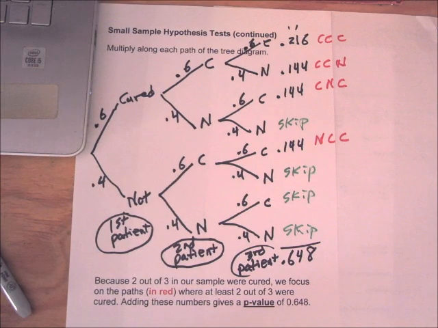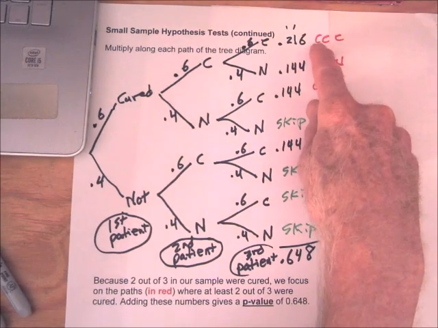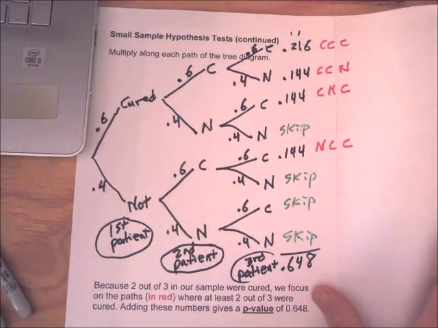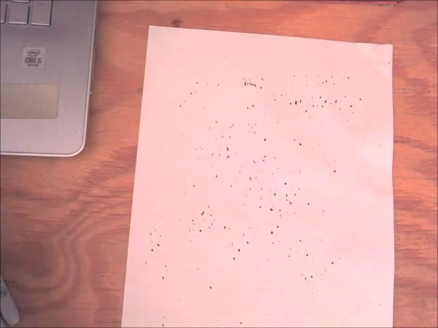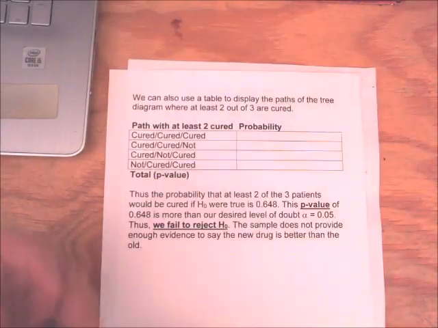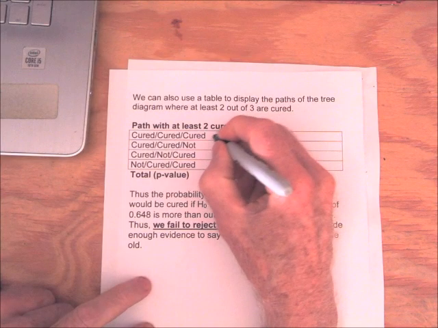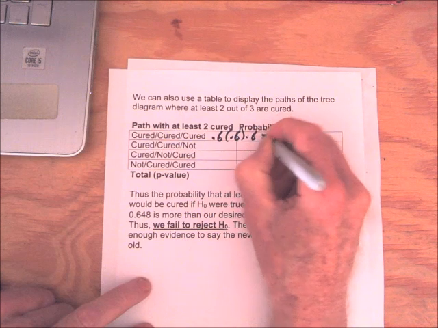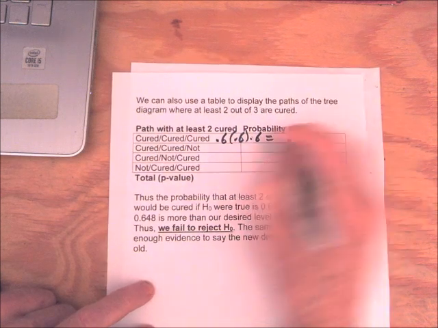Some in my lab on some of the questions will ask you to put this information in a table. There are 4 paths where at least 2 of the 3 were cured, so we can put that information into a table. Sometimes it's more convenient to do it that way. All 3 were cured: 0.6 times 0.6 times 0.6, which is 0.216.